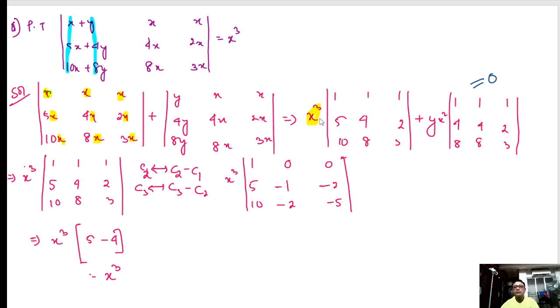Similarly, taking y common from the first column, x common from the second column and x common from the third column, we are getting yx square, and this is what remains.